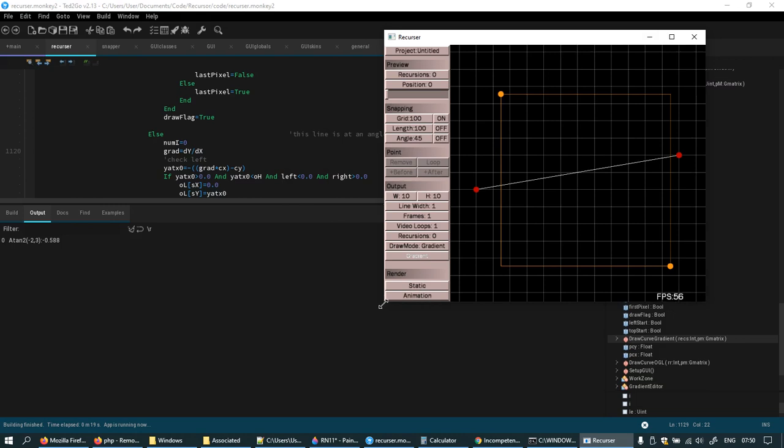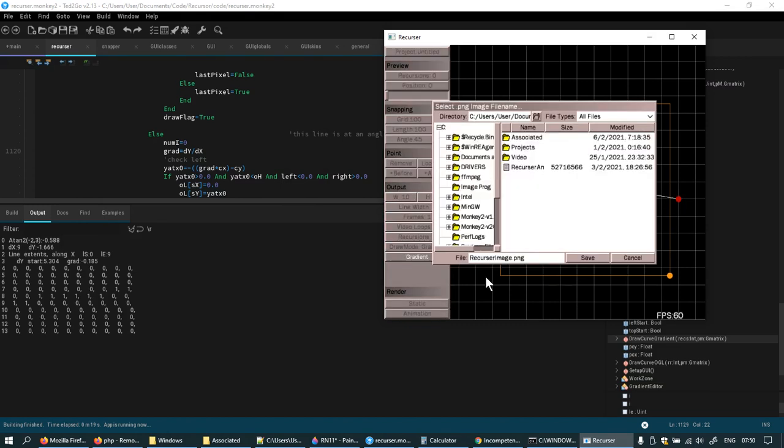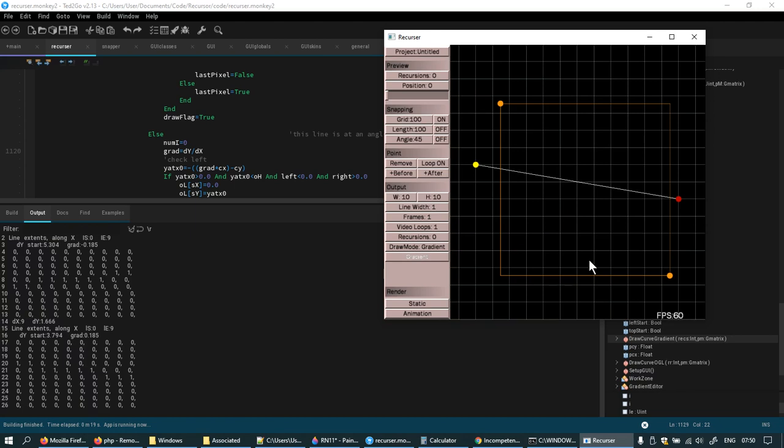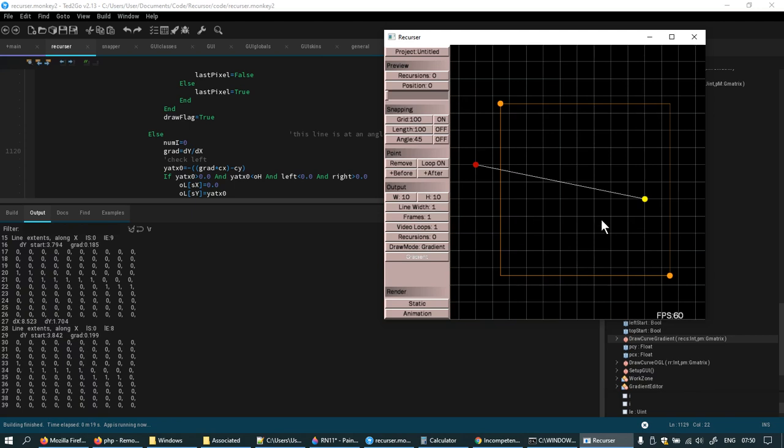Okay, show me what you got. That's correct. Well, more or less looks it. That is also correct. Shift this one on. That looks correct. Shift this one on.